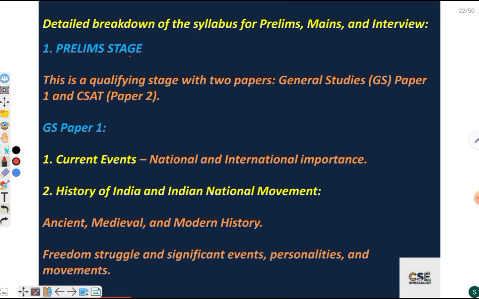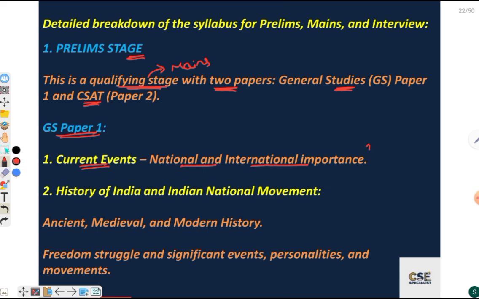The prelims stage is a qualifying stage for mains with two papers, that is GS1 and the CSAT paper, civil services aptitude test. Let's decode the syllabus of GS paper 1. In GS paper 1 they have given current events, which are of national and international importance.